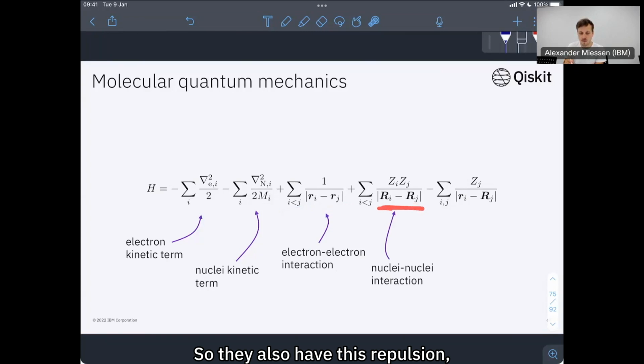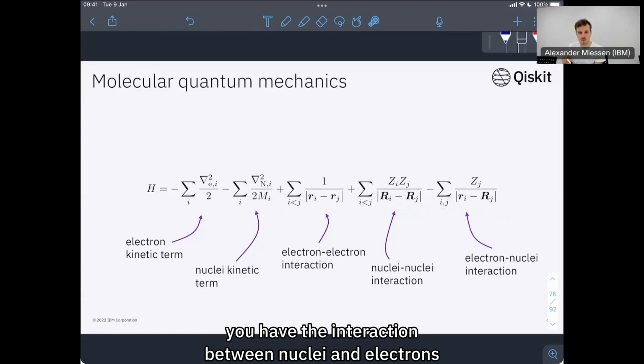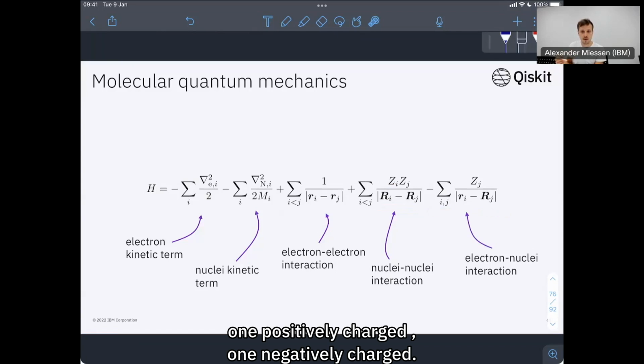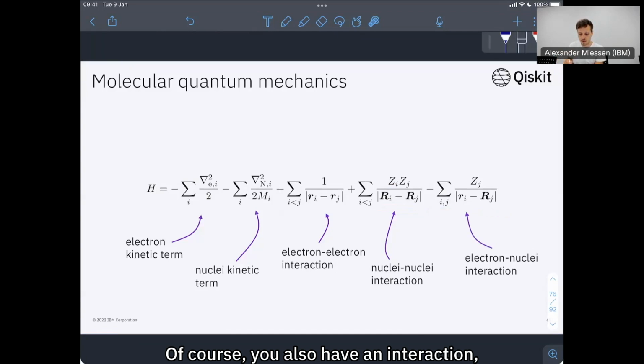So they also have this repulsion. These Z's are the atomic numbers, so the charges of the nuclei. And then in this last term here, you have the interaction between nuclei and electrons, because one is positively charged, one negatively charged. Of course, you also have a Coulomb interaction between them, okay?